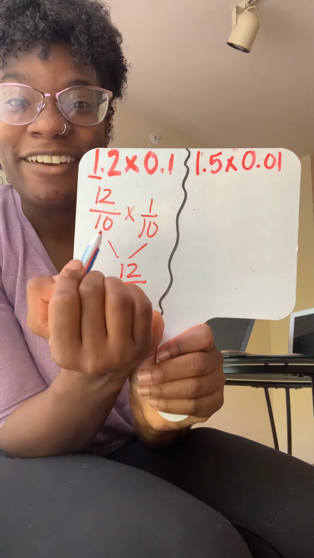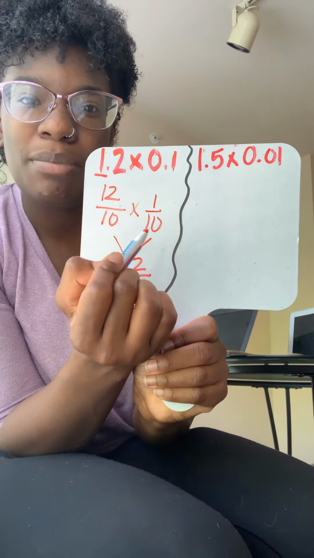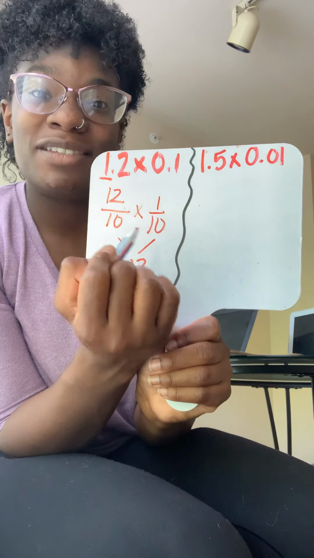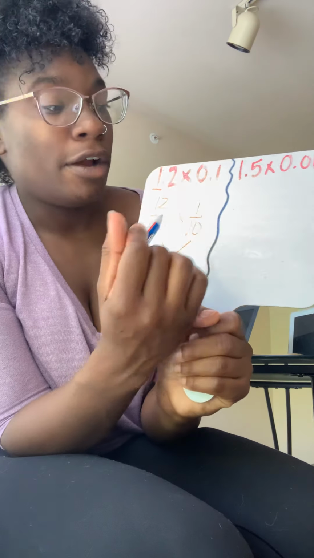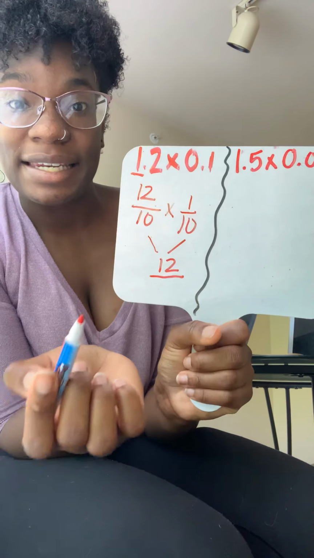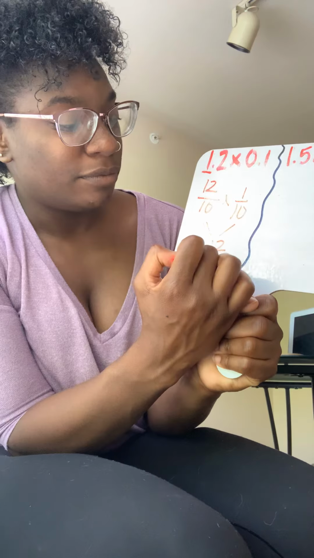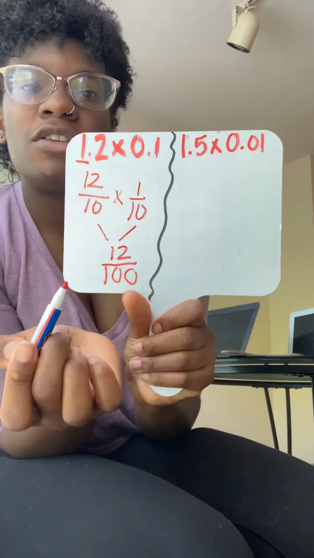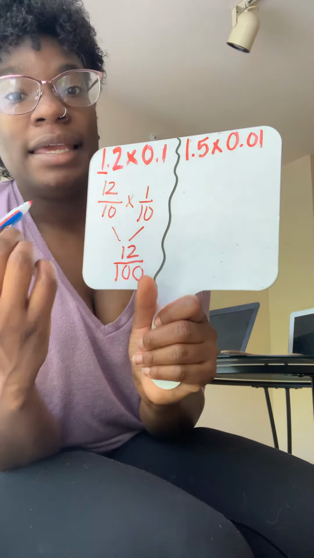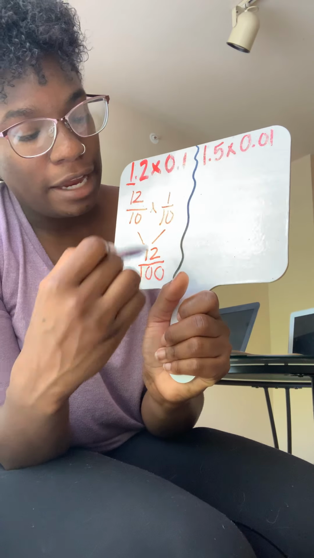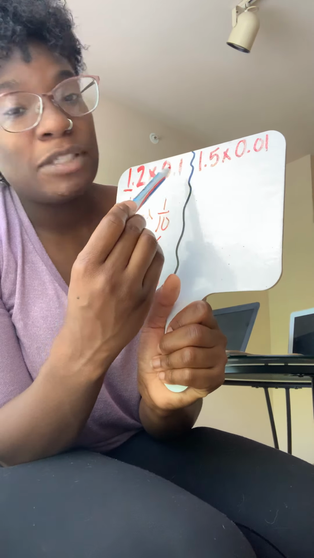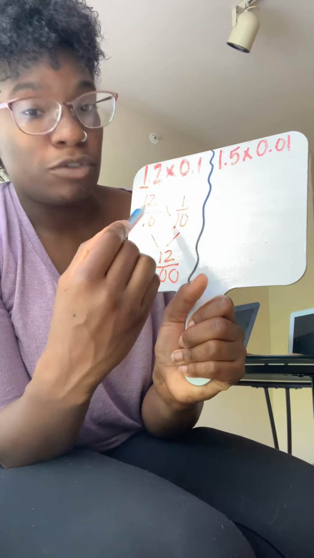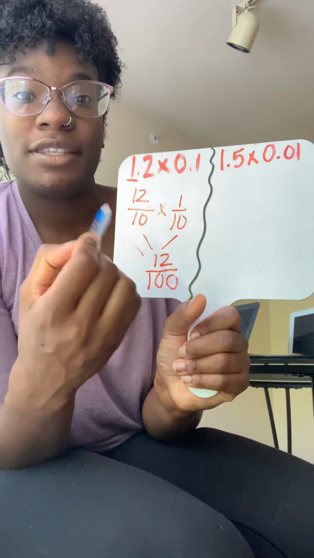And then here comes that tricky part. We then have to multiply our denominator. This does not stay 10. All right, so 10 times 10 is 100. So the new fraction in our answer that we have created is 12/100ths. So we know that 1 and 2/10 times 1/10 is equal to 12/100ths.